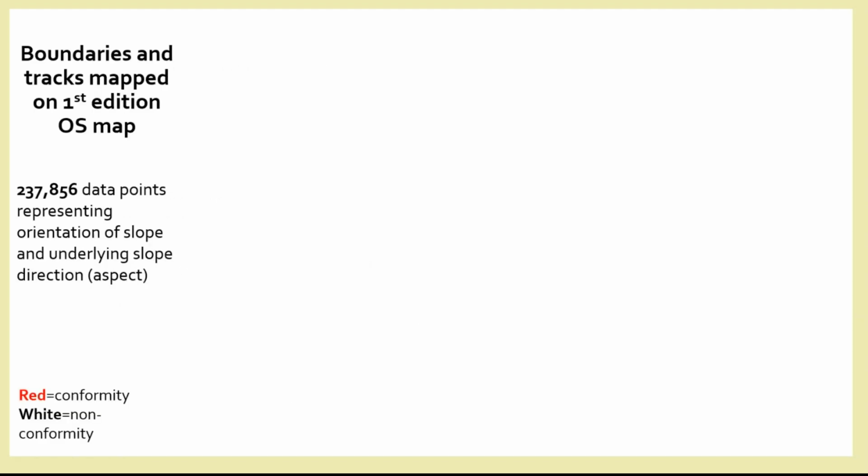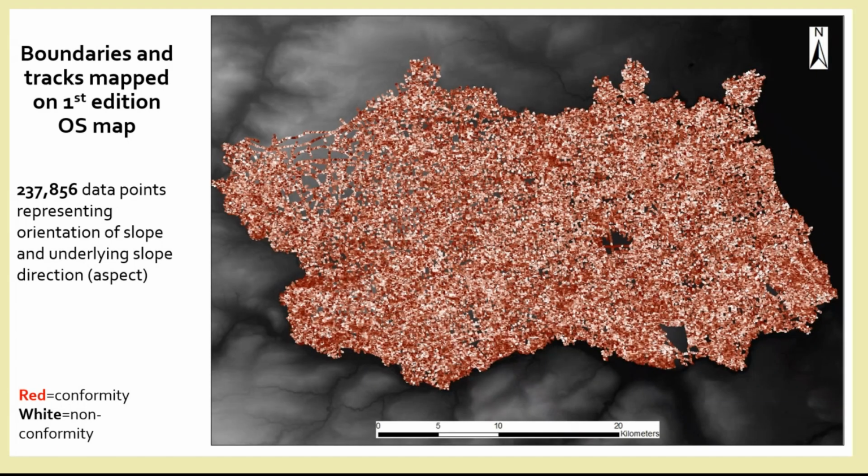So this is a map which looks a bit yucky, a heat map almost, of conformity to underlying slope direction. The red shows where there's greater conformity, and the white is where there's less conformity, and obviously there are colours in between, the pinky colours. When you look at it at this scale, you can't really pull too much out of it.